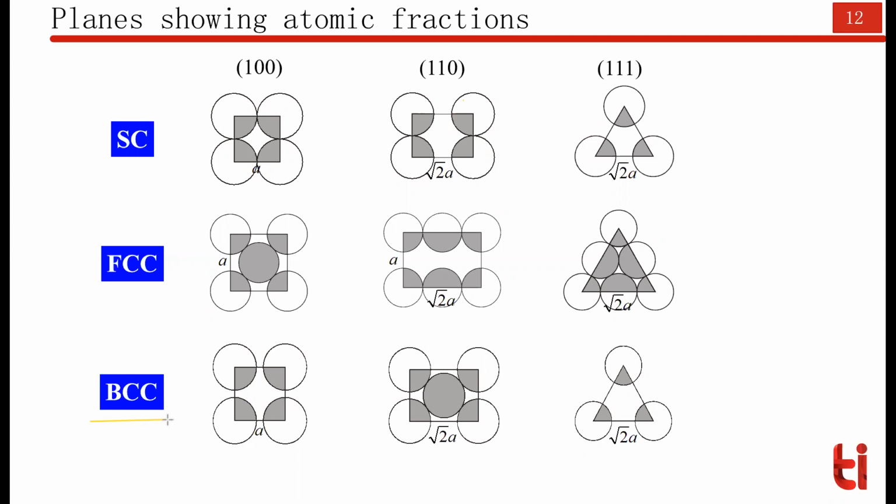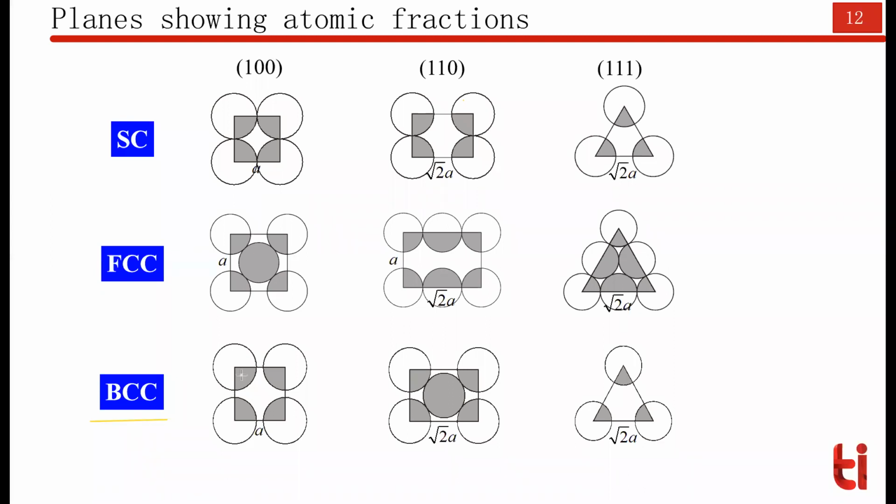So if I compute the planar density for 100 case, which is the first case, there won't be any change vis-a-vis the simple cubic structure, because in the BCC unit cell, your face plane is same as the simple cubic plane, because there are only 4 atoms sitting on the corner of the 100 plane.